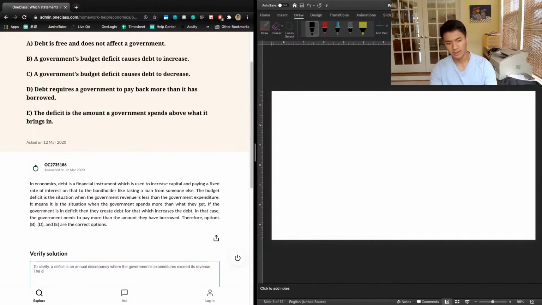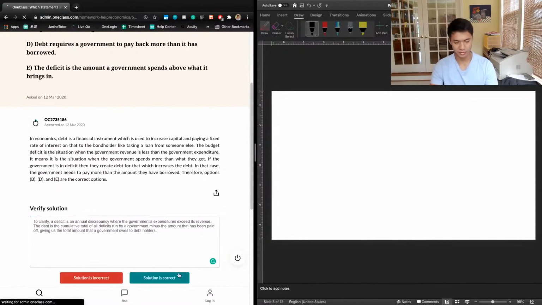The debt is the cumulative total of all deficits run by a government minus the amount that has been paid off, giving us the total amount that a government owes to debt holders. Okay, solution is correct.